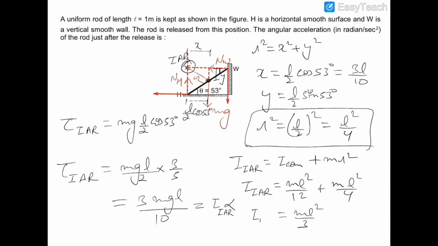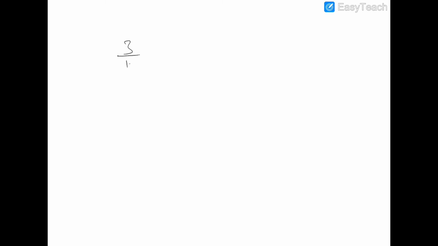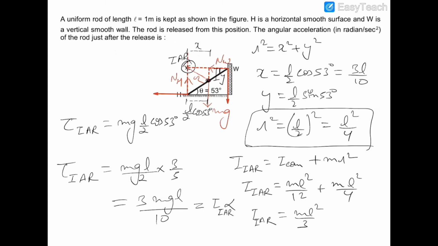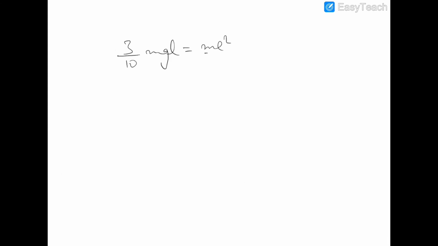Okay, so the equation is 3 by 10 mgL is equal to ML square by 3 into alpha. Cancelling this m with m, and g is 10, so 10 is cancelled, this L is cancelled, so alpha is equal to 9 radians per second square.